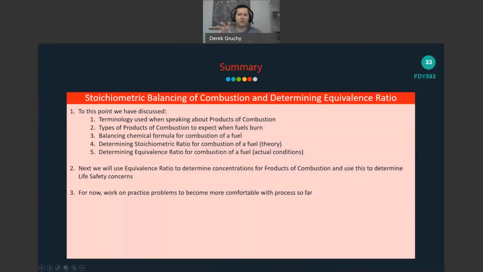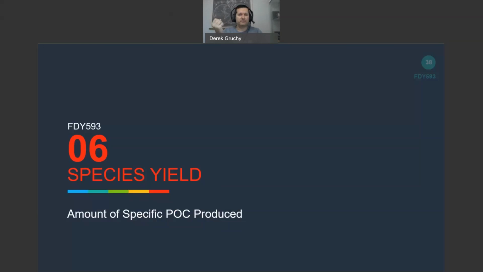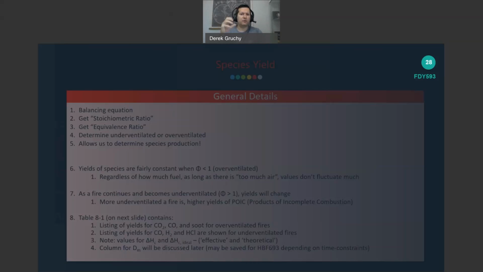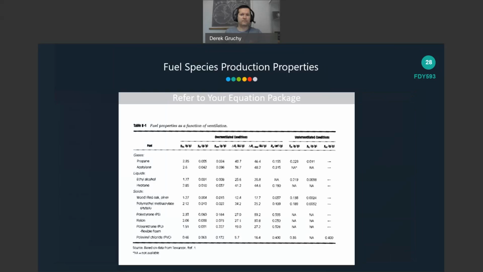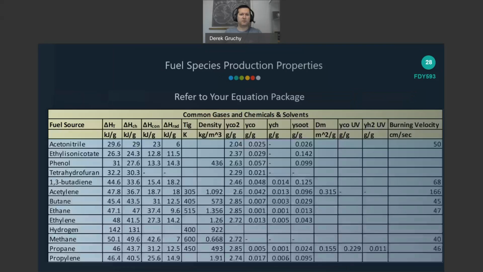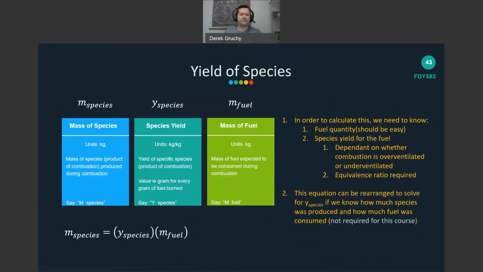All right, so now that we know that, we want to take that value and start using it to actually figure out what is being created. And so for this example, we'll take a look at the production of carbon dioxide. So we'll just skip over some of this stuff and get right to that example.